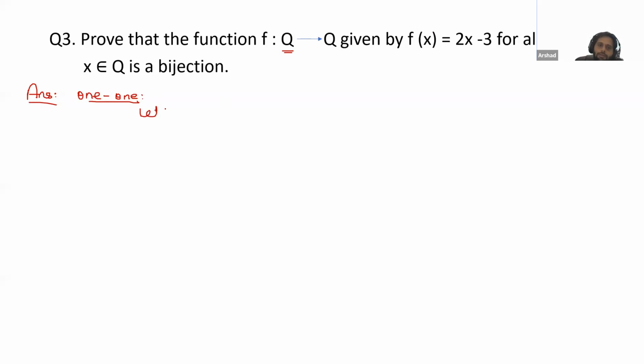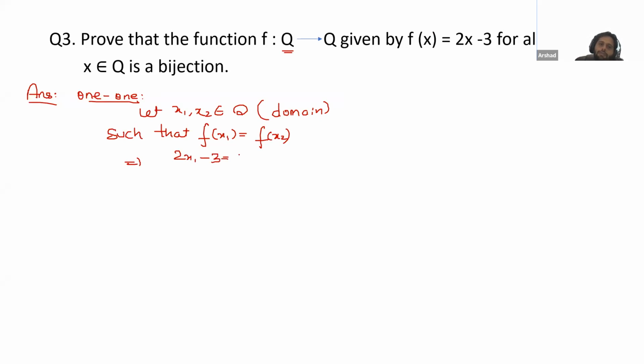So let x1, x2 belong to Q, the domain, such that f(x1) is equal to f(x2). That means 2x1 minus 3 is equal to 2x2 minus 3. Minus 3 will get cancelled out, so you get 2x1 is equal to 2x2, and from this you get x1 is equal to x2.